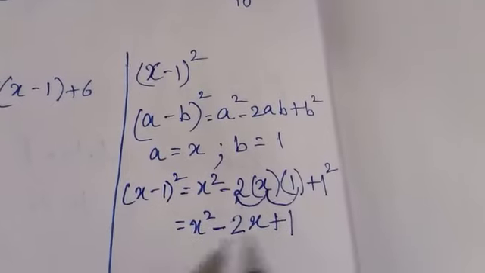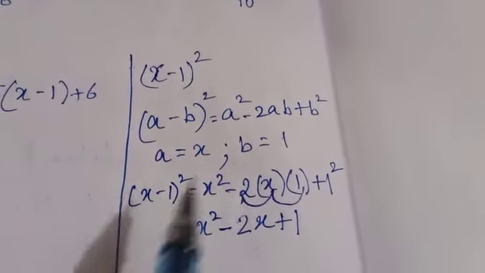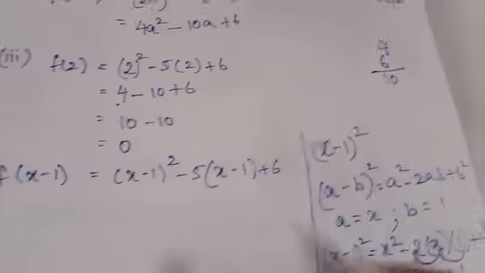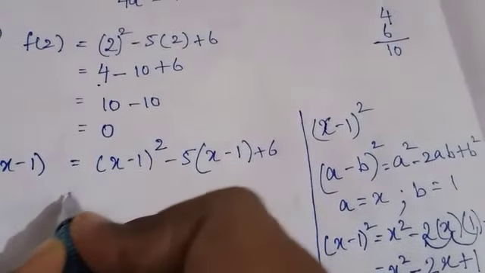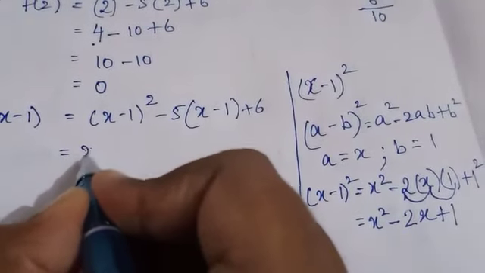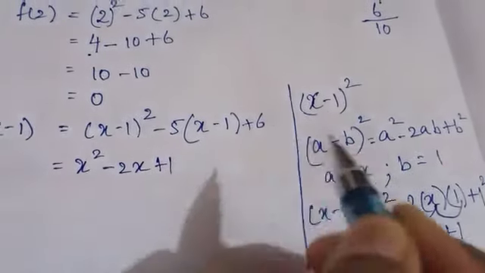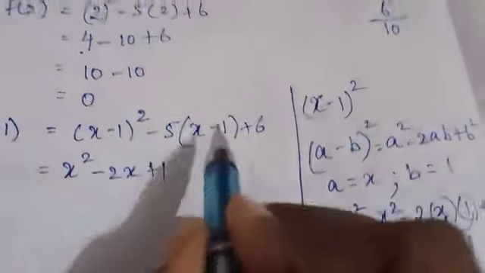Now we have got the answer. We have expanded x minus 1 whole square. So I'm writing it here. What we got is x square minus 2x plus 1.